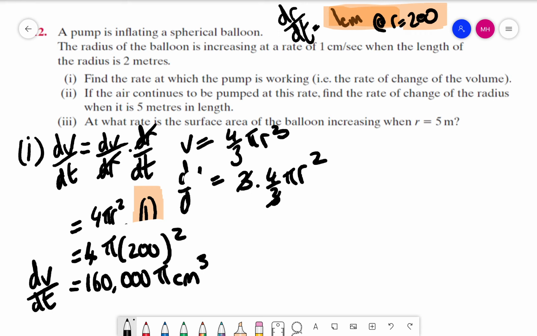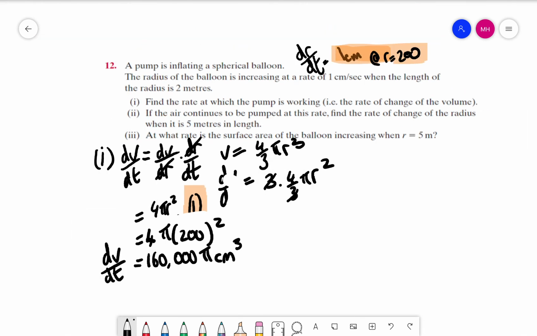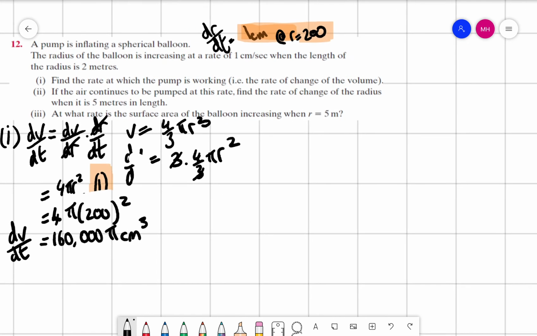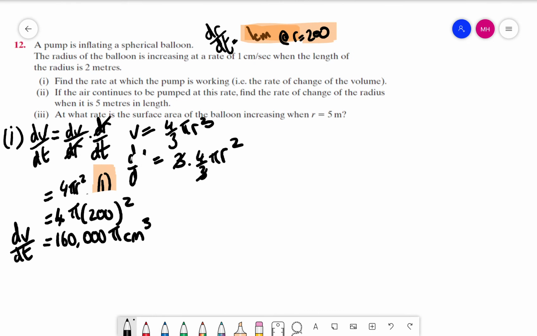Now, if the air continues to be pumped at this rate, find the rate of change of the radius when it is 5 meters in length. Now that's important because it's telling you that the rate of change of volume is going to remain constant. We worked it out for when the radius is 2 meters. But the rate of change of volume isn't dependent on the radius.